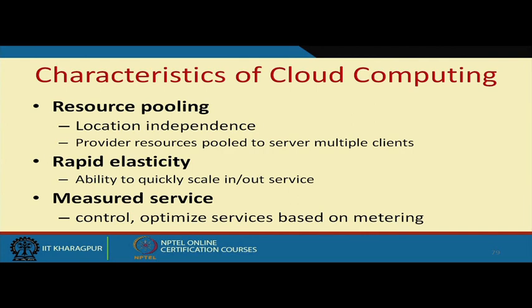Computing resource is very precious and many times we do not utilize the full potential of the resource. So, whenever somebody is not utilizing the resource and somebody else is allowed to use it, then the resource might be fully utilized. So, it is based on the concept of resource pooling.